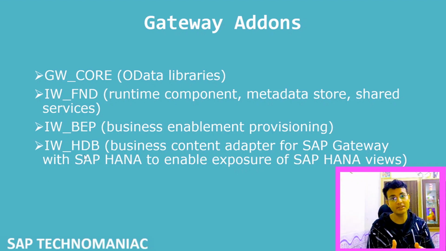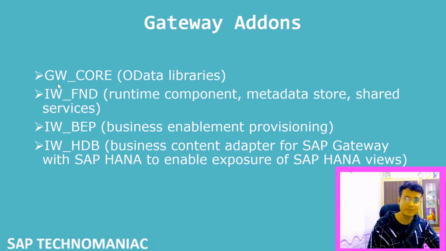If your version is 7.5 and above and you are working on HANA, this IWHDB will be available to enable exposure of HANA views. So these are mainly the four components. If you have them in your system, you can create the OData service.